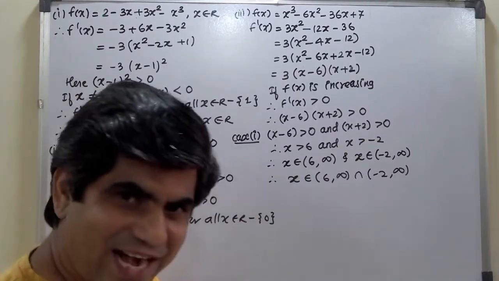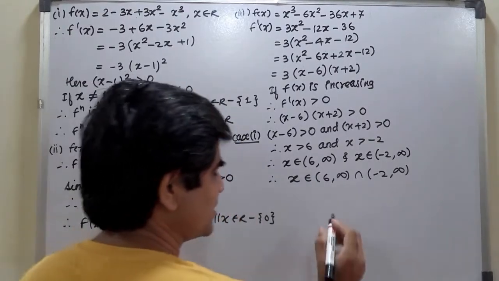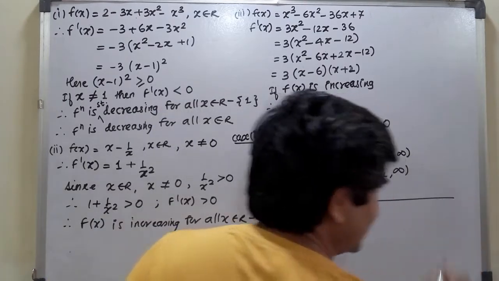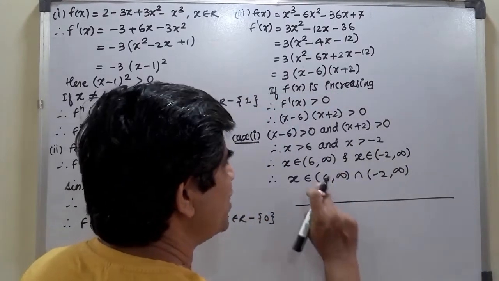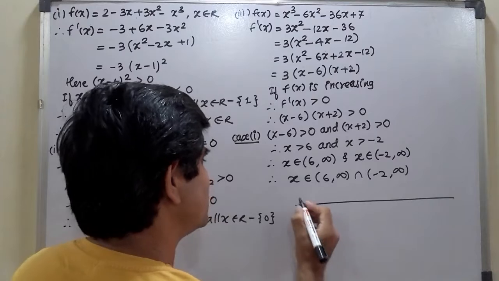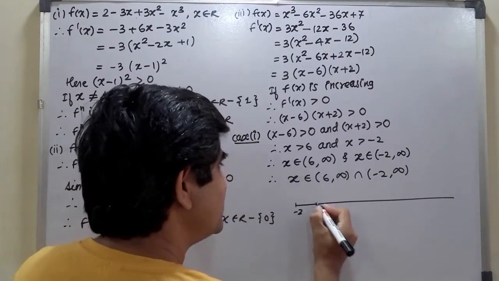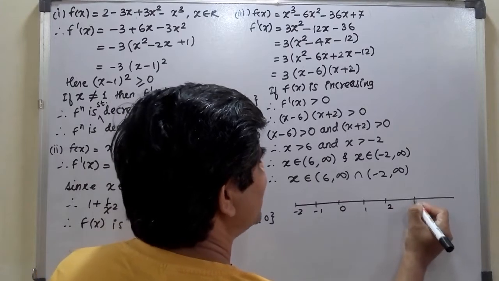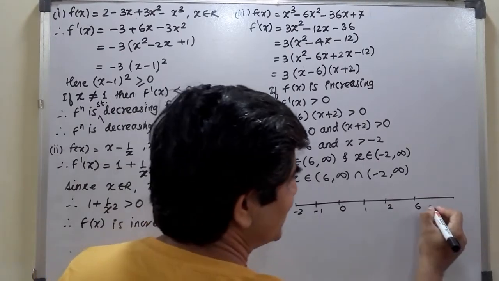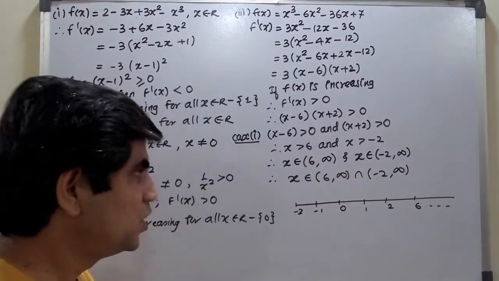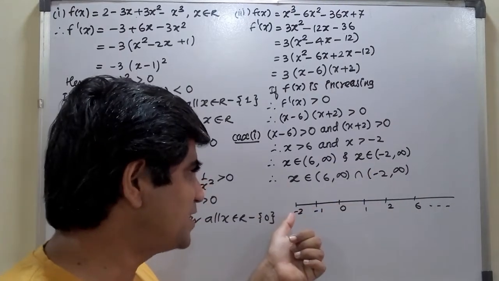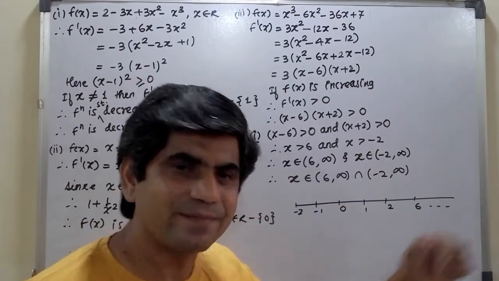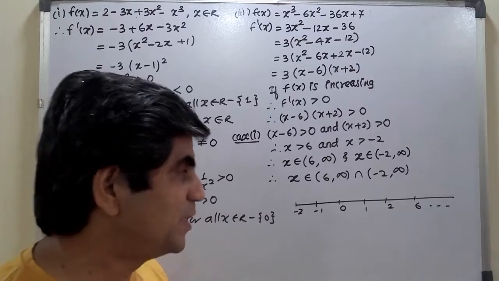So to understand this, I will draw a graph of this. That is, I will plot it on the number line. See, okay? Who is smaller, 6 or minus 2? Minus 2. So this is your minus 2, okay? This is your minus 1, this is your 0, 1, 2, and this is your 6, and so on. And this is your infinity, right? So minus 2 to infinity means it will start from here up to infinity. And 6 to infinity means it will start from where?